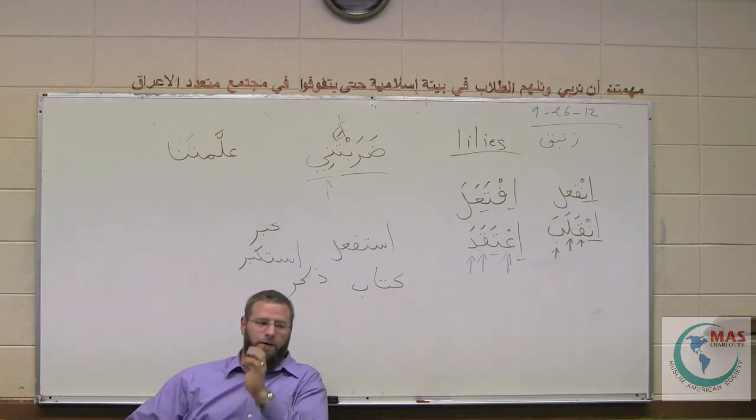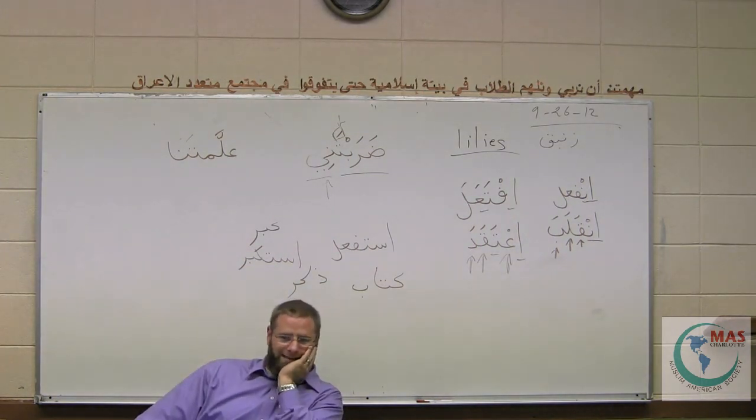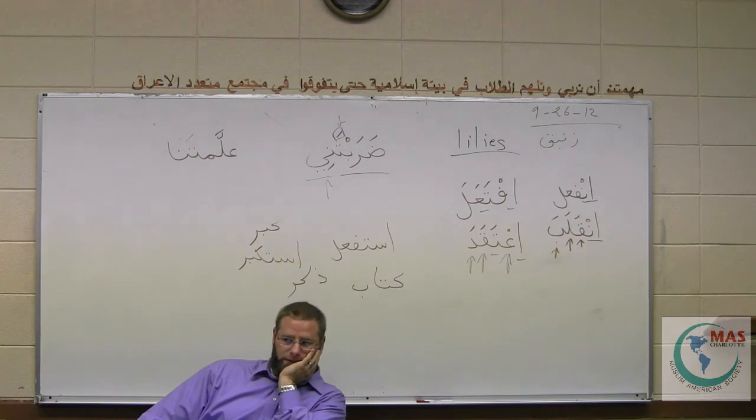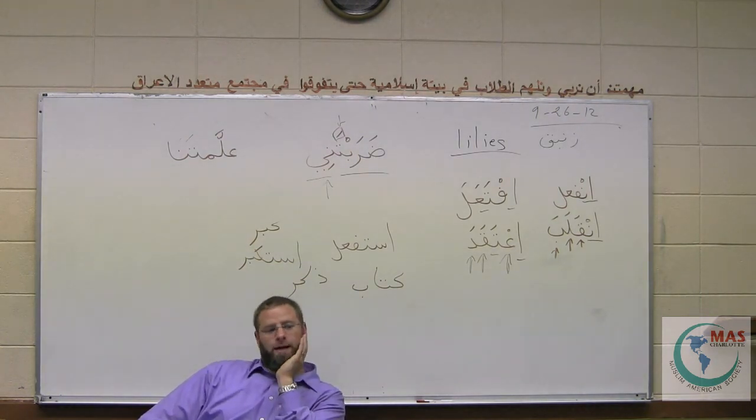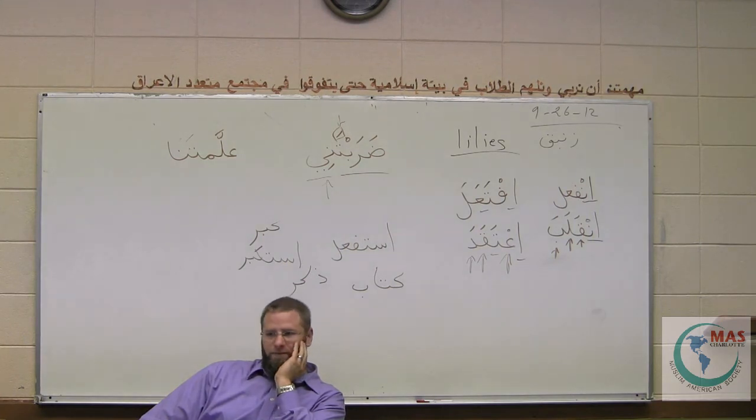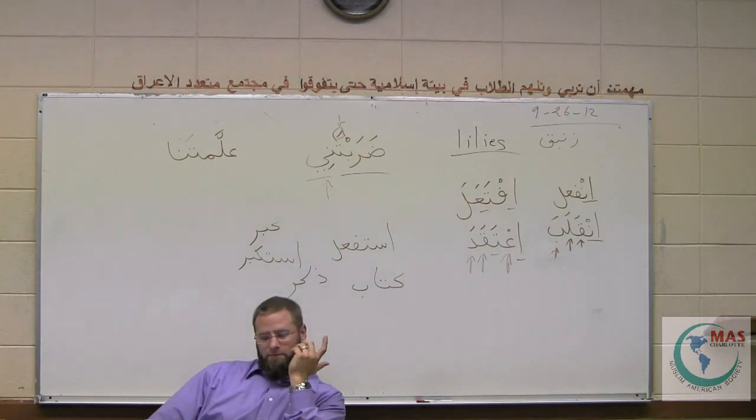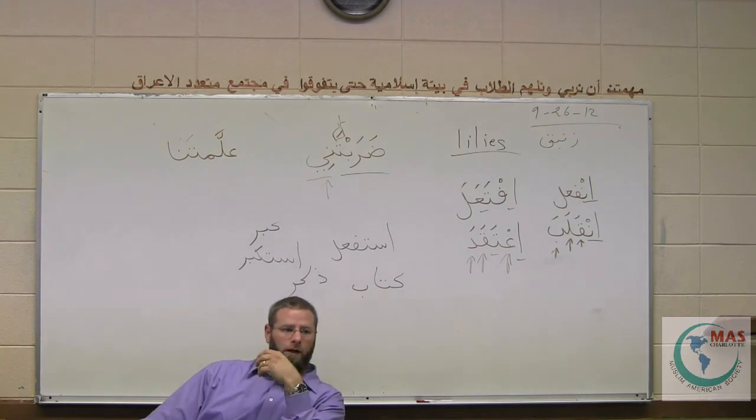Okay, so is it clear on the connected doer of the verb? Okay, so now we're going to move to the object of the verb. Any reason we started muttasil before the munfasil? Munfasil is easy. Ana, nahnu: I, we.